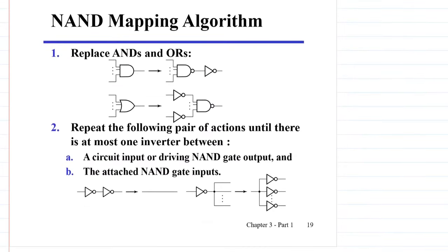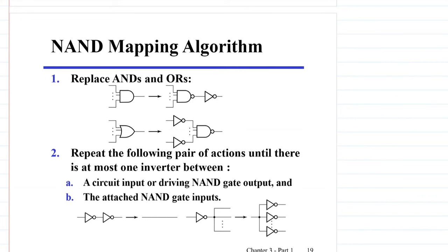Now let's see how we can replace the AND and OR gates with their equivalent NAND. Assuming that we have an AND gate with a given number of inputs, we can easily replace it with a NAND gate followed by an inverter.